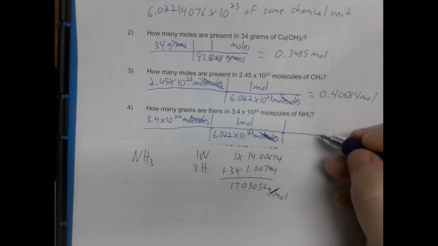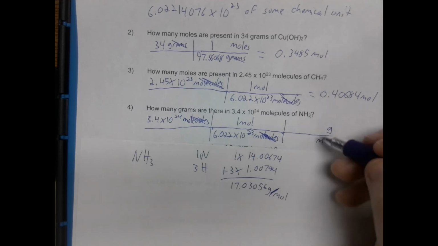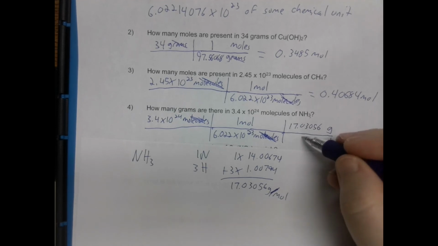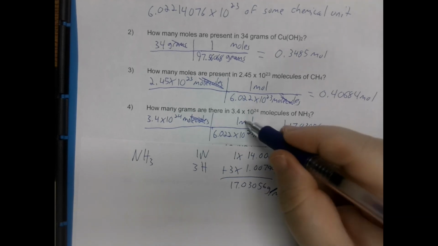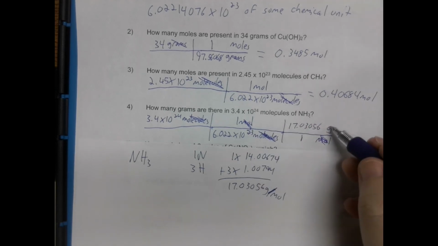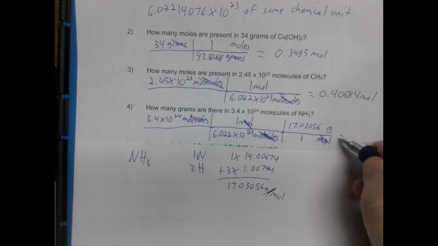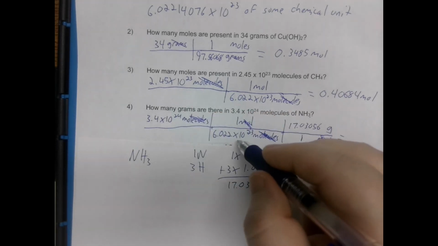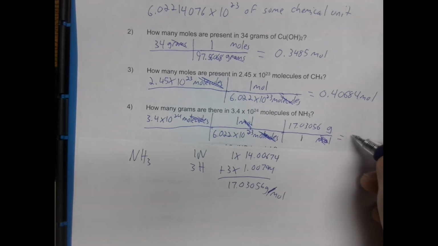So we would put grams on top and mole on bottom to cancel it out. So it would be 17.03056 grams for 1 mole, which cancels out the moles, giving us just grams. Doing this times that divided by this gives us 96.1539 grams.